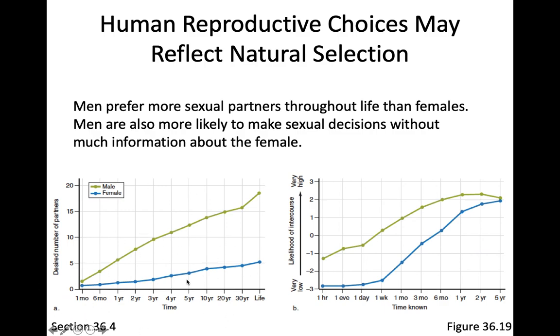So females have a significantly larger consequence to choosing bad mates than males. Males don't really have much to lose. Females have a significantly larger thing to lose in the sense of time, or their reproductive abilities and things like that. So females tend to have fewer partners than males because males have less to lose than females.